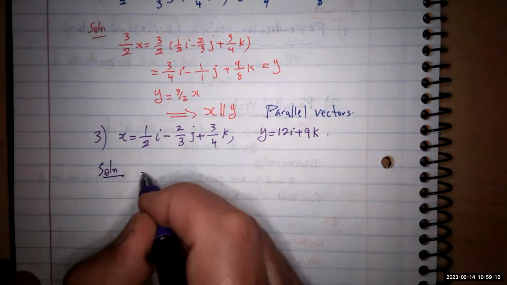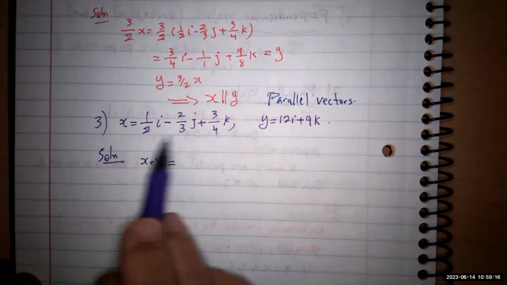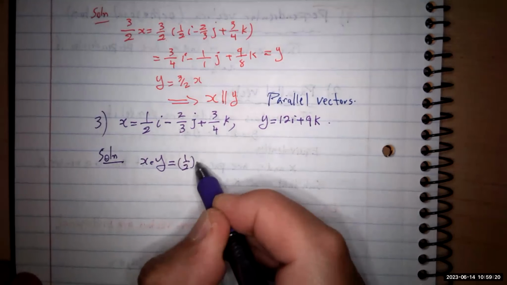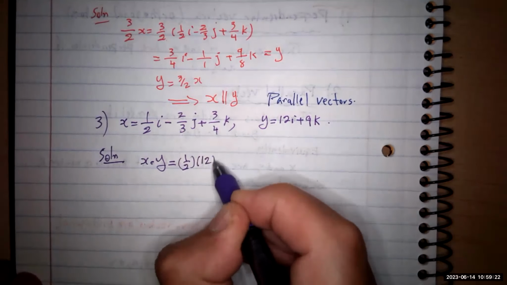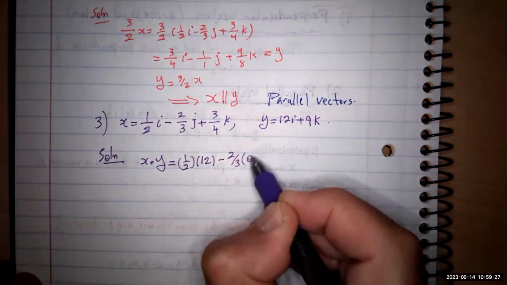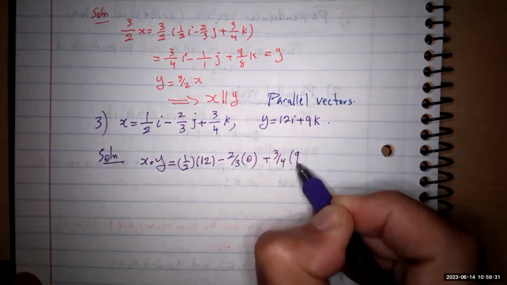If you check the x dot y, it's not going to be 0. We can check it quickly. So that gives us 1/2 times 12. And that would be negative 2/3 times 0. And that's 3/4 times 9.